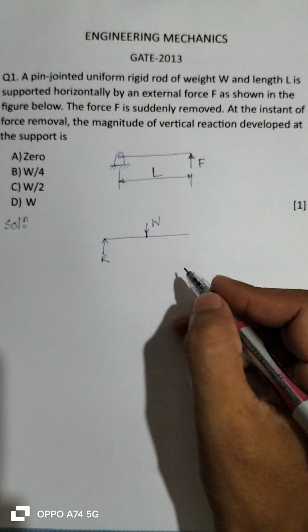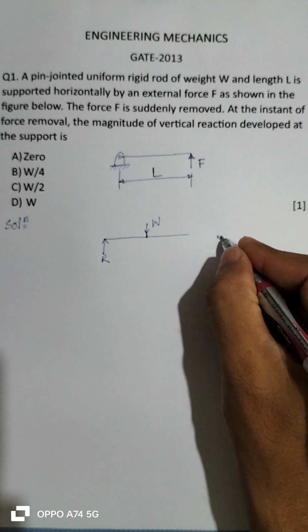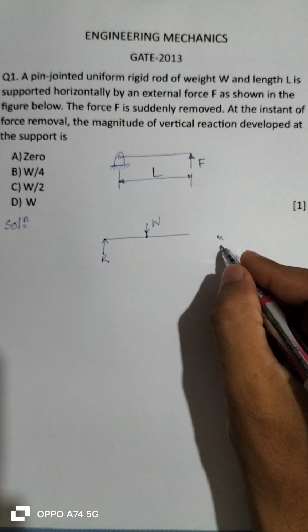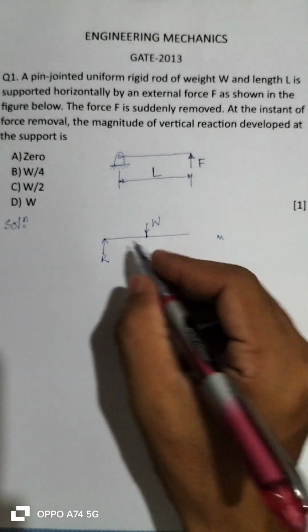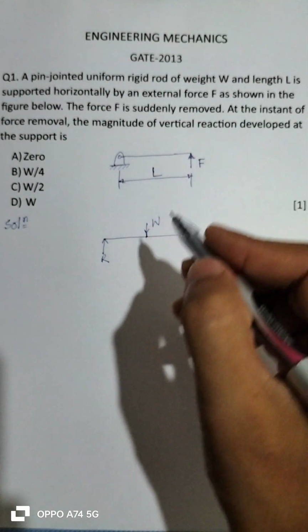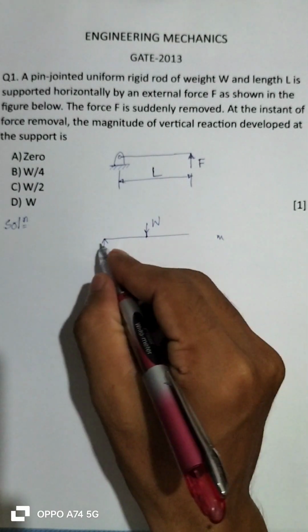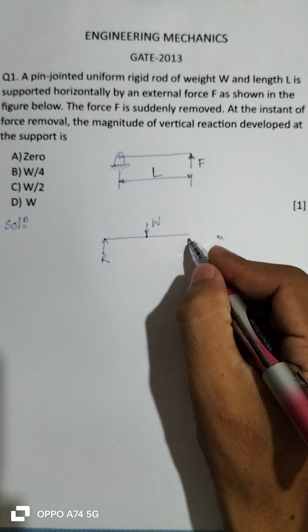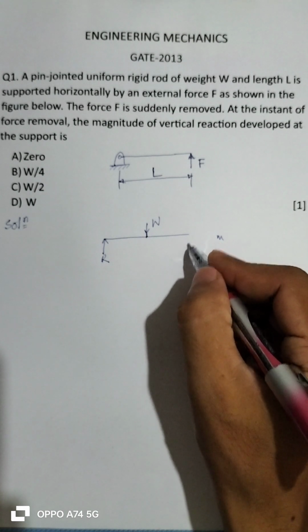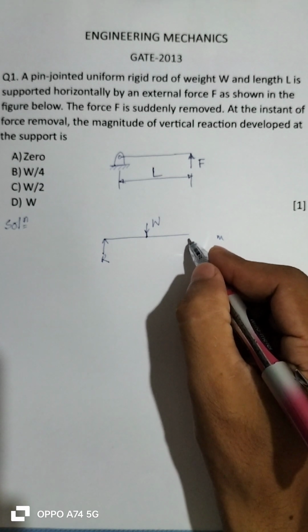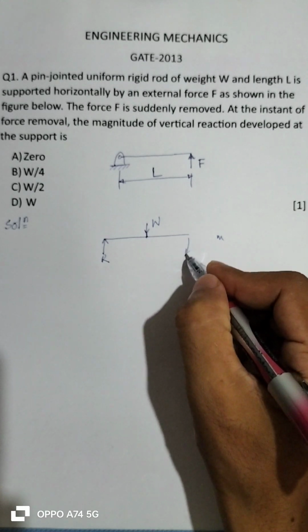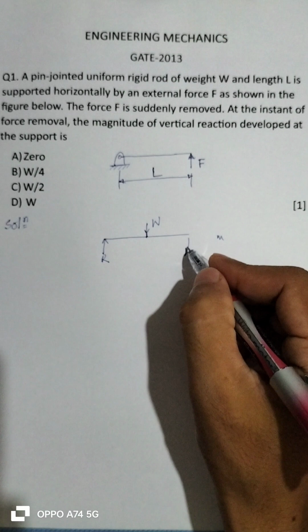Let M be the mass of the rod, and alpha, when the force is removed, the rod will tend to move down at the free end. So it will be a rotary motion.